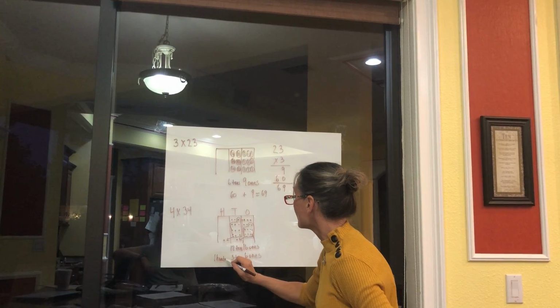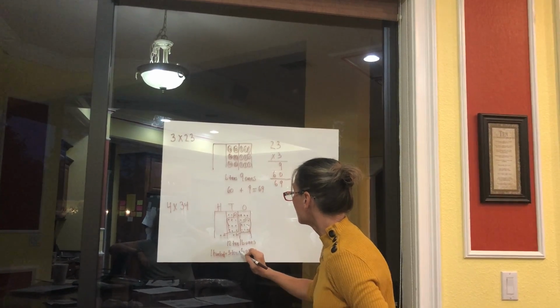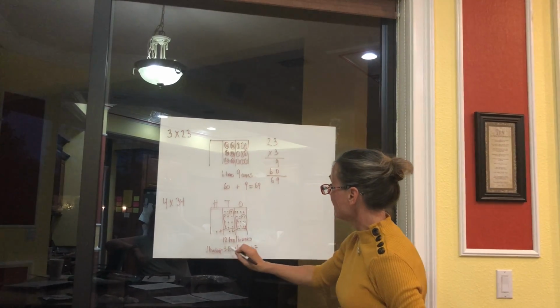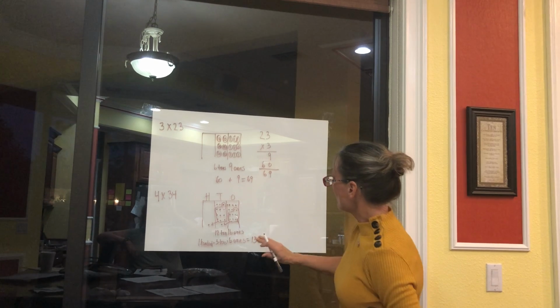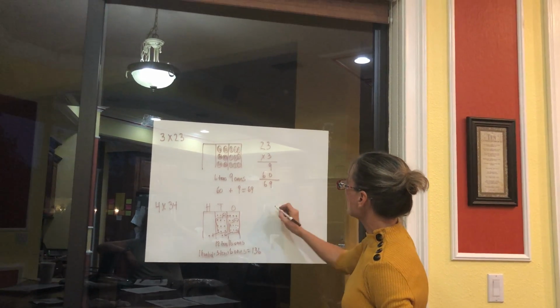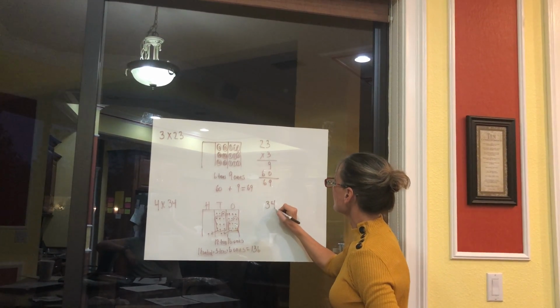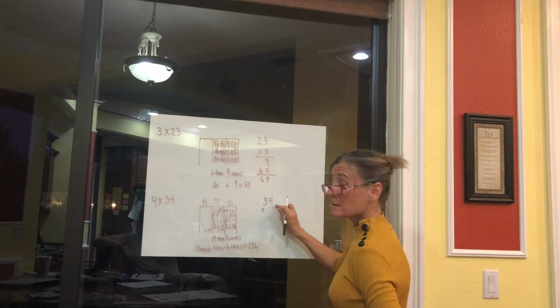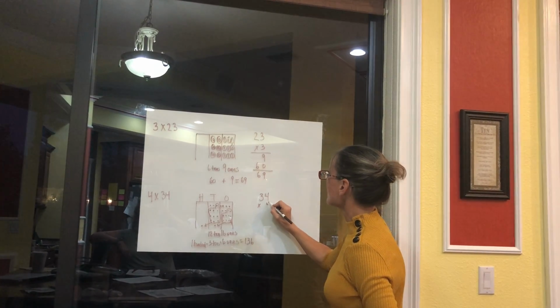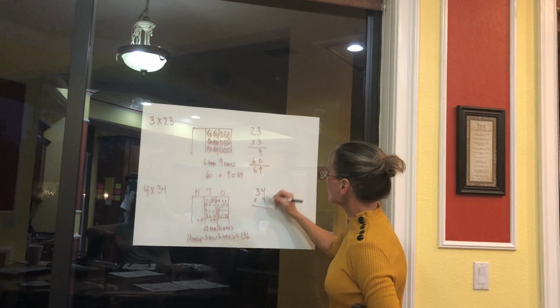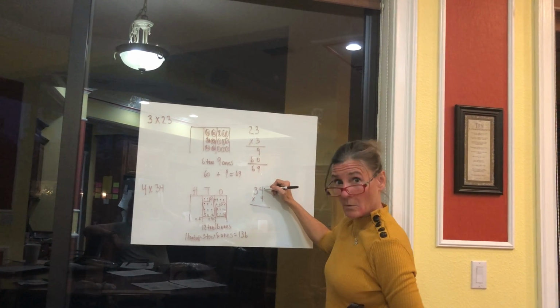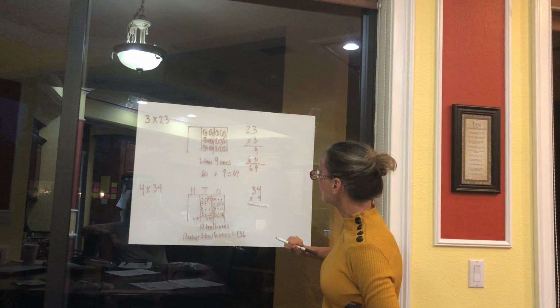All right, now we're going to add these together for a total. What do we have? 136. Yes. Now let's take that and put it in a vertical model. So we have 34, 3 tens, 4 ones, times 4 groups. And if I take my 4 ones times 4 ones, what will I have? 16 ones.